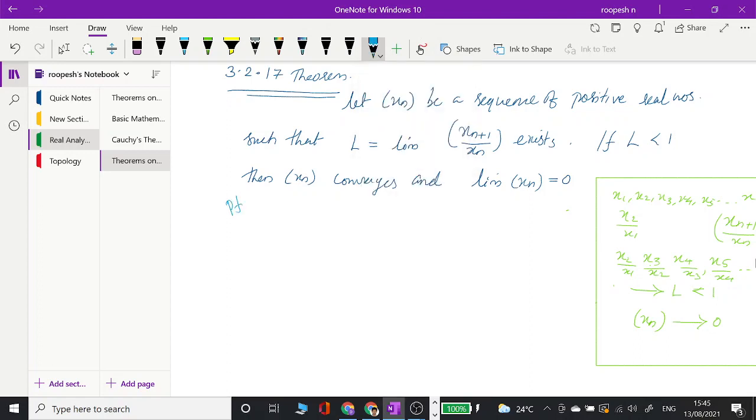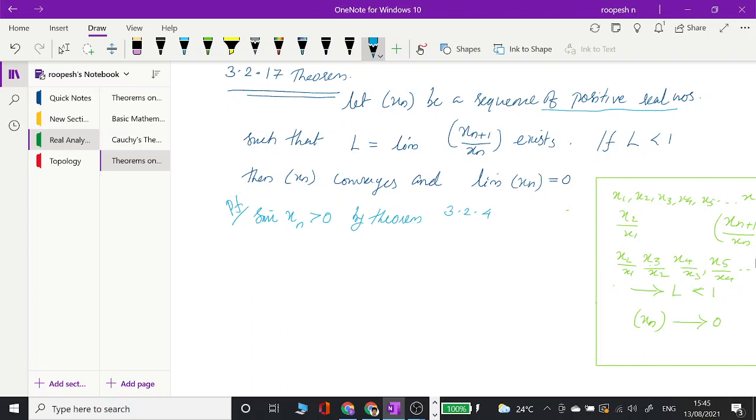Proof. Since your xn is greater than 0, a sequence of positive real numbers, by theorem 3.2.4, what was that?